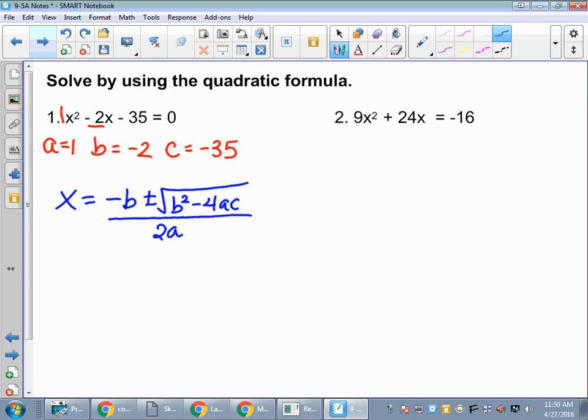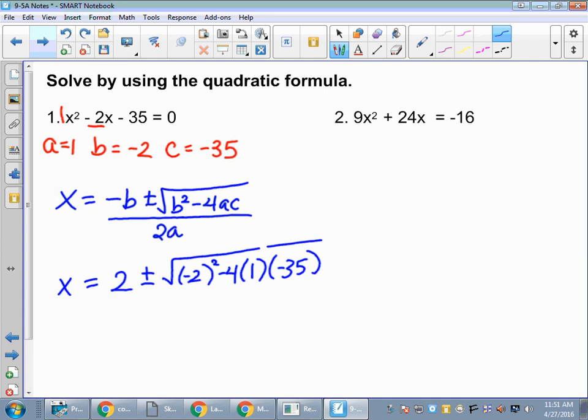The next step is substitution only. We're not going to do any calculations. You are just replacing the variables with their values. X equals the opposite of b. Well, if b is negative 2, the opposite of b is positive 2. Plus or minus the square root of b squared, which is negative 2 squared, minus 4 times a, which is 1, times c, which is negative 35.